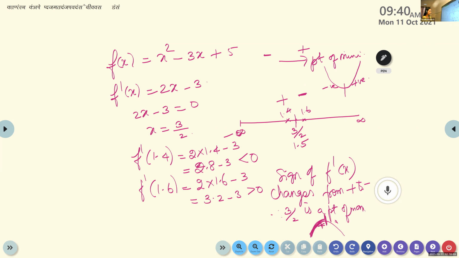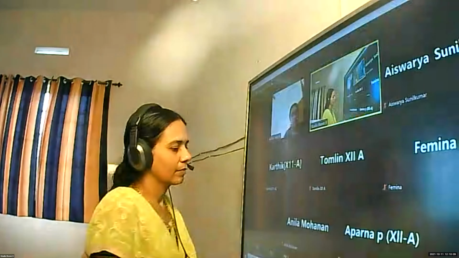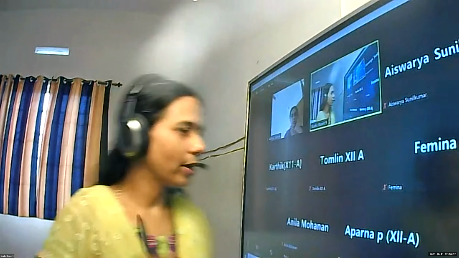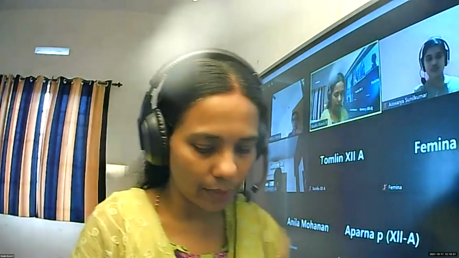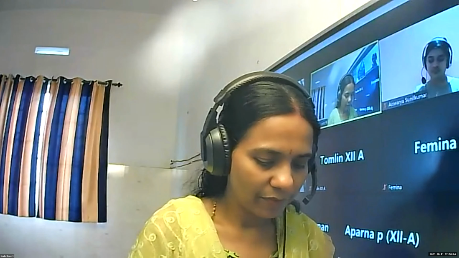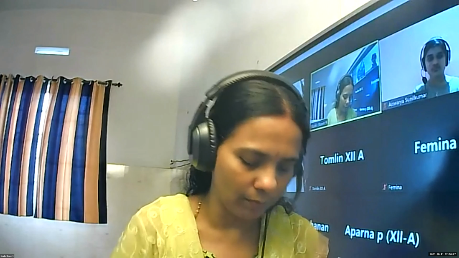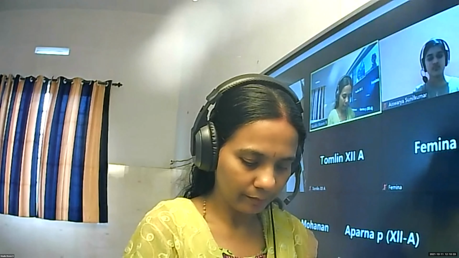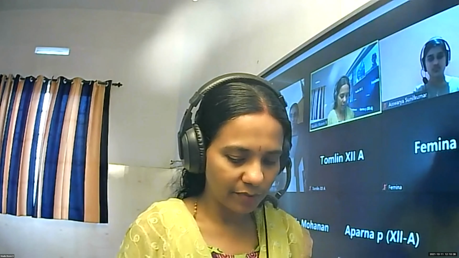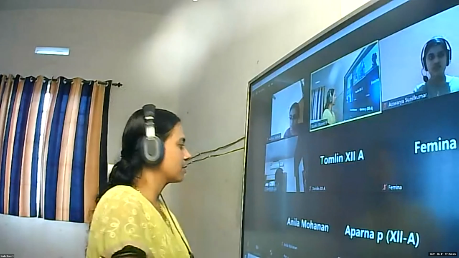As x is moving through these critical points, if the sign of f dash of x changes from positive to negative, it is a point of local maximum.